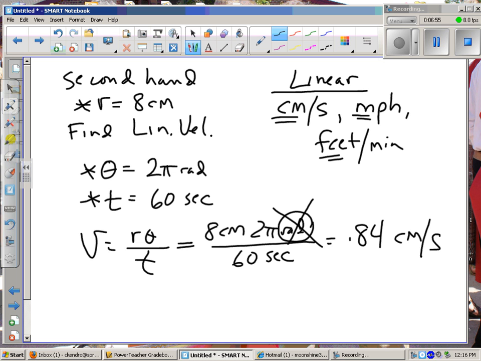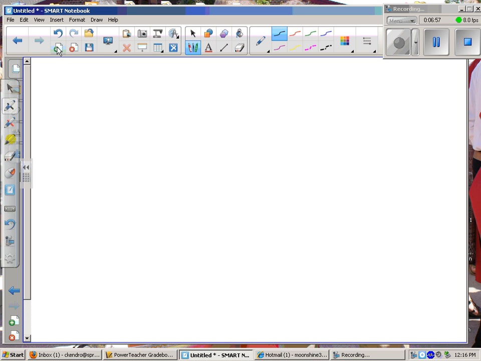Now the next thing I want to show you is one more formula. Let's review what we just did. V equals r theta over t. We also said that w equals theta over t. So we can put that one up there too.